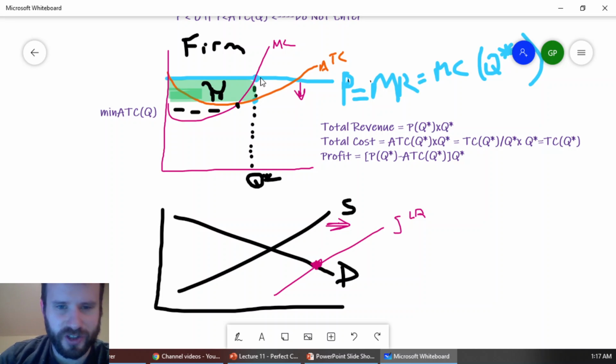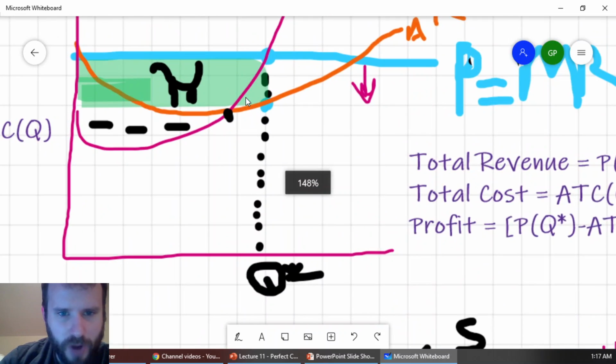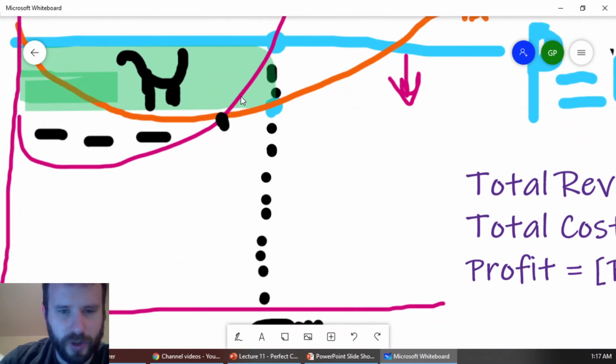So see this marginal revenue price line, it's going to drop and drop and drop, right? If it's here, well, there's still that sliver of economic profit, right? So if the price drops here, the average total cost is going to be here, right? So as this blue line falls down, the price is still going to be above the average total cost, meaning that there's going to be economic profit.